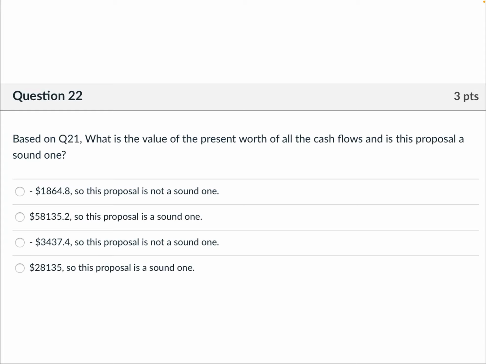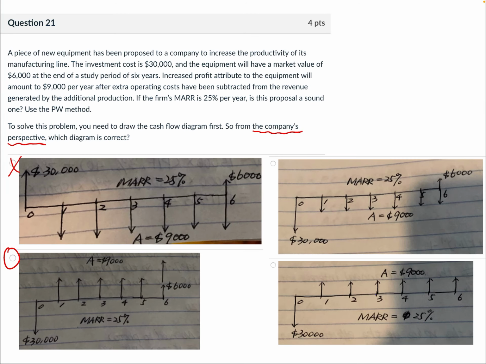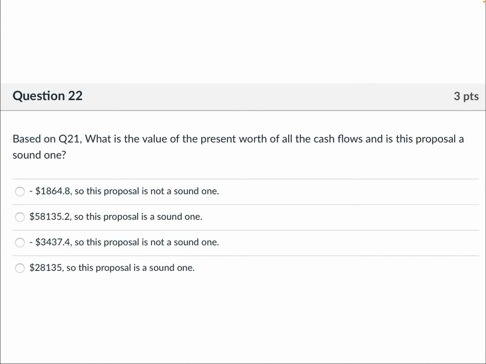Based on this diagram, what is the value of the present worth of all the cash flows? This is also a multiple cash flow problem, right? You just need to convert the 3 parts, this present value, this positive annuity, and this positive future value back to the present time. Okay, so you need to write down on your scratch paper, you have to calculate the P0, and it has 3 parts.